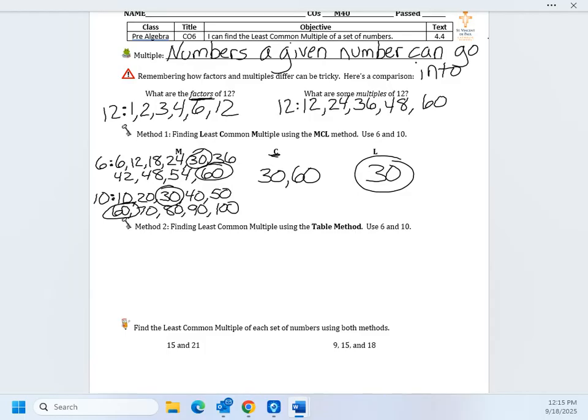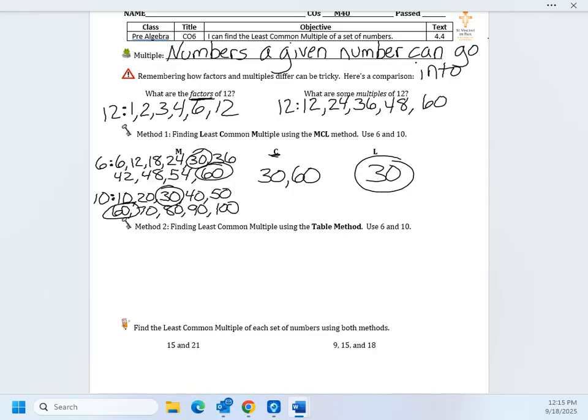Just like when we did the listing method with the greatest common factors, it can be easy to miss or make a mistake when you're writing your multiples up. You might miss one of the multiples, or you might skip count wrong and get off track. So it's easy to make those little mistakes. Sometimes the least common multiple is a really big number, and we'd have to be listing a whole lot of multiples.